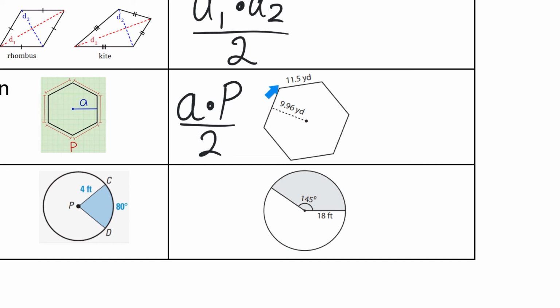So it's not just the 11.5, it's the 11.5 times 6. So for the perimeter, I'm going to go 11.5 times 6. What does that give you? Okay, so the perimeter is 69, so I'm going to go the apothem 9.96 times the perimeter of 69 divided by 2.